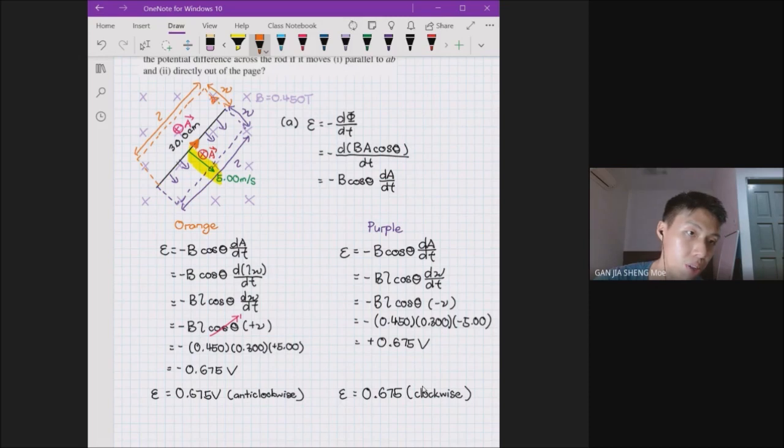This is anti-clockwise. Okay, you use your hand, go figure it out yourself. This is anti-clockwise. Okay, for the purple loop, it's clockwise. So clockwise means you're going to turn like this.